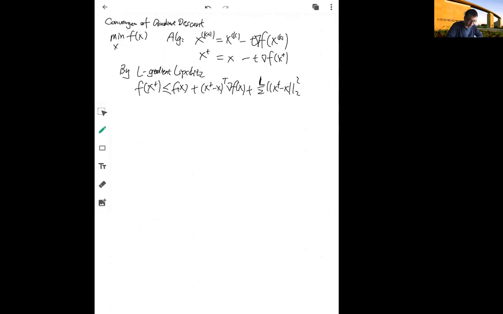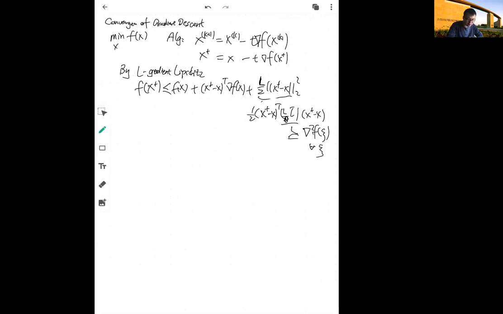Since L times identity dominates the Hessian anywhere, for any psi, this becomes a valid upper bound.